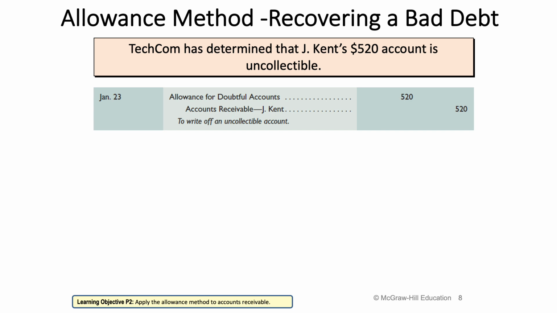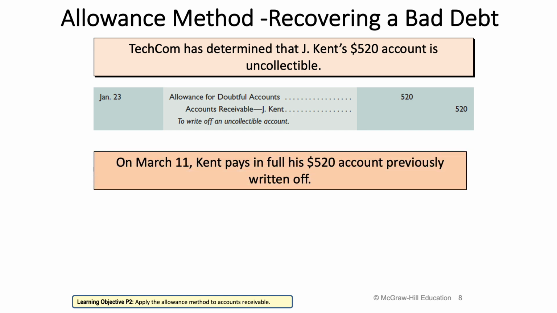So basically, we wrote off the uncollectible account. When we say we write off, it means that I close his accounts receivable and I'm 100% sure that this customer is not going to pay me. But sometimes some customers will surprise you. You already wrote off, you already closed his accounts receivable. But then on March 11, Kent said, hello, I'm back, and I want to pay my 520 account.